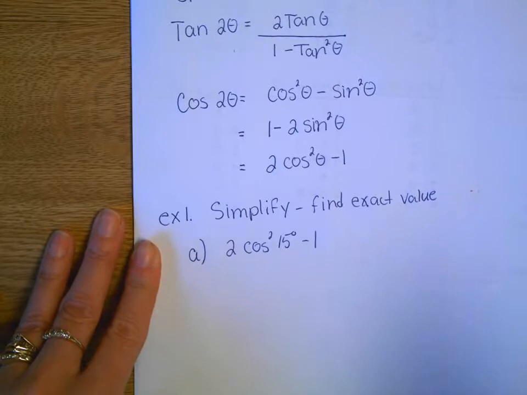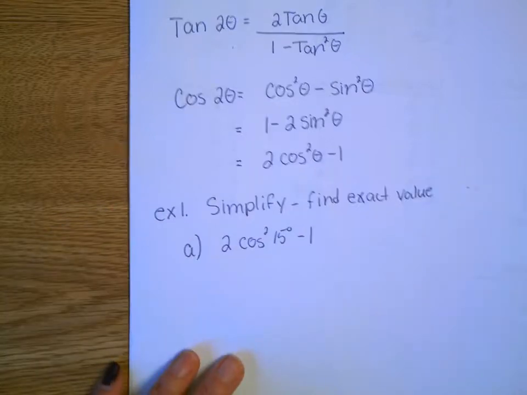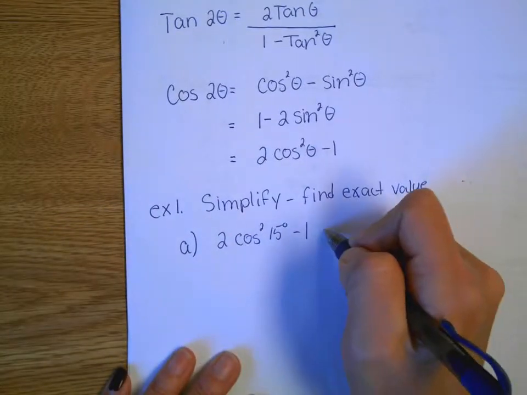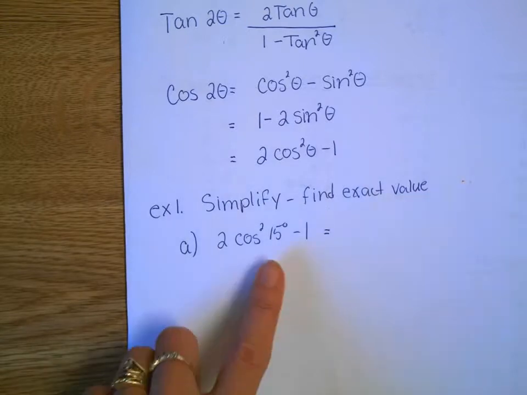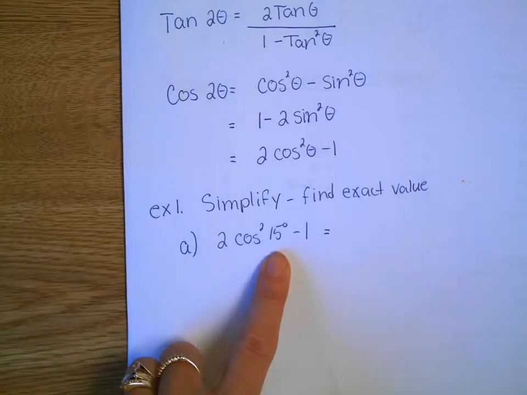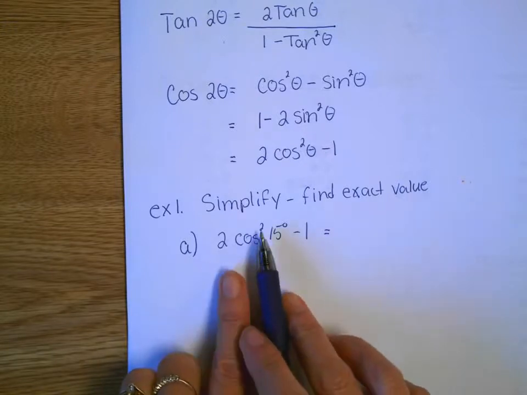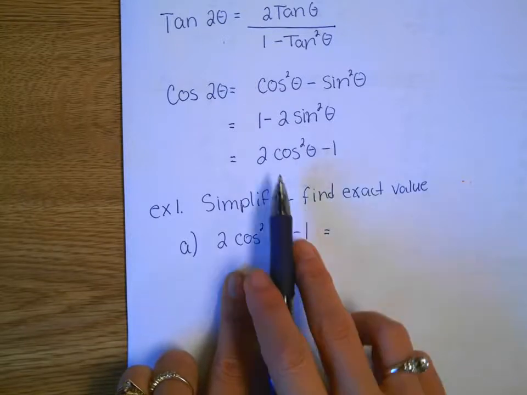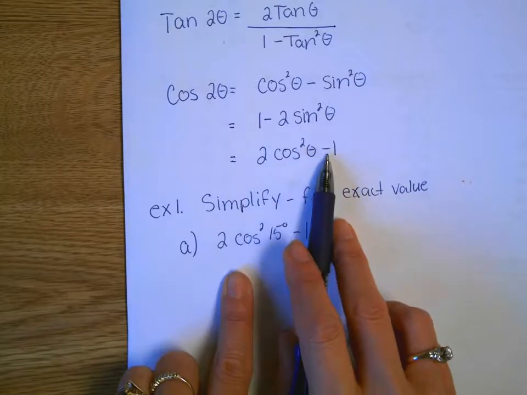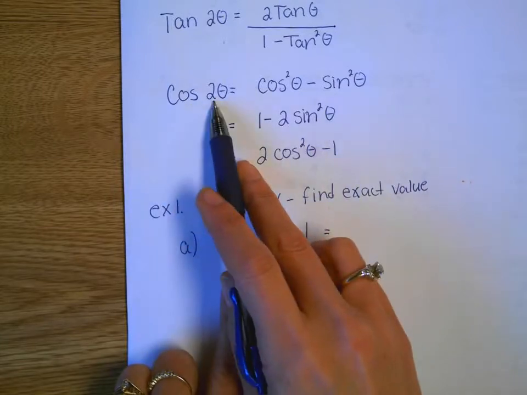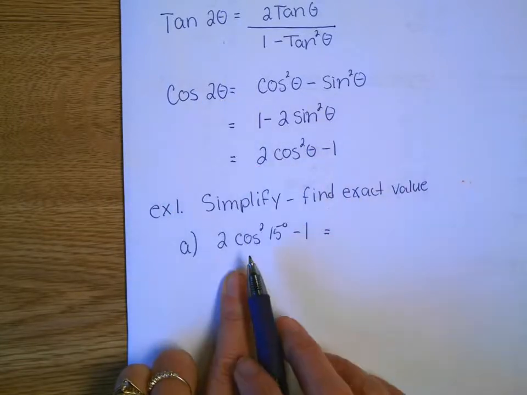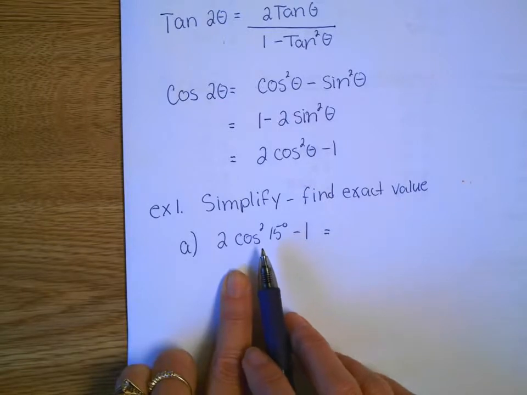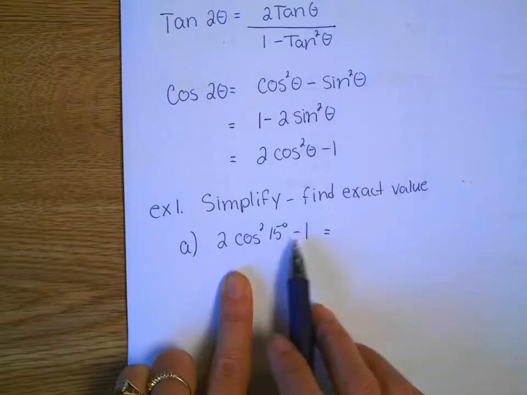Because I've got all numbers in here, I'm going to want to find an exact value for this. You don't have 15 degrees on your circle sheet. But what identity is this? What has 2 times the cosine squared of an angle minus 1? Yes, it's right here. That's actually equal to the cosine of double the angle. Let's see if I rewrite it that way if I find something that's on the circle sheet. Yes, you will. So how would I rewrite this?